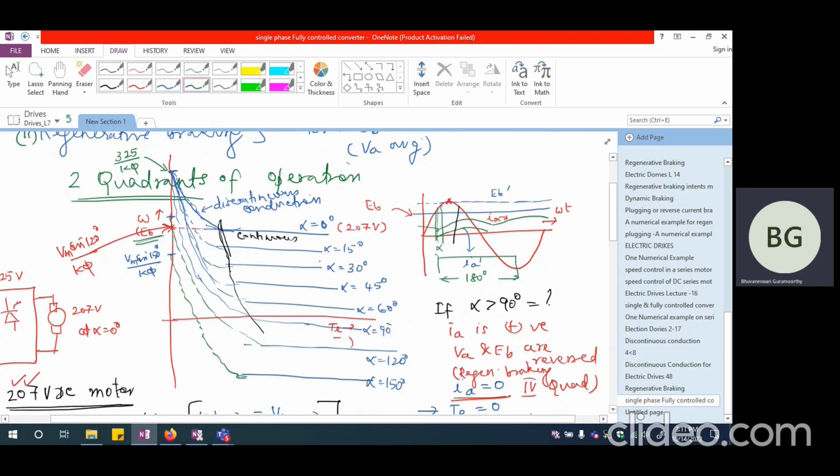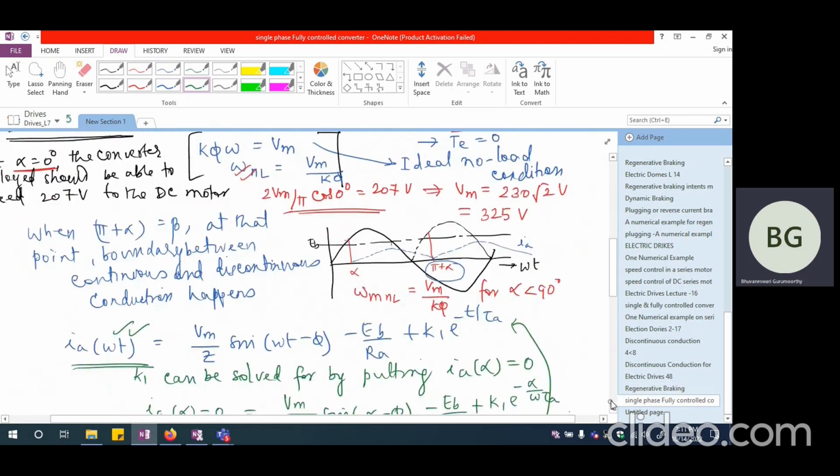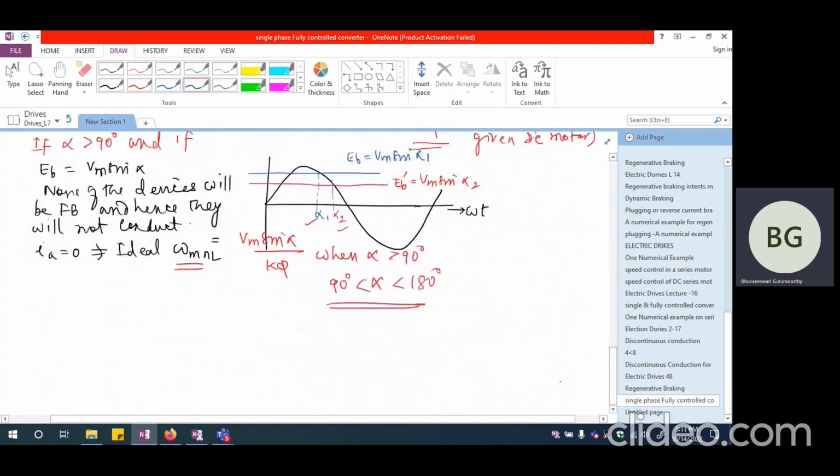So these are going to be the kind of characteristics we obtain for the two quadrant operation of the DC separately excited motor when we feed it with the single phase fully controlled converter. So this takes us to the conclusion of single phase fully controlled converter.